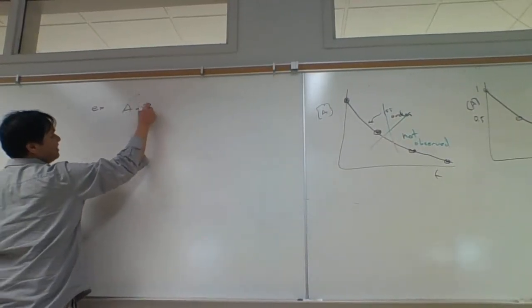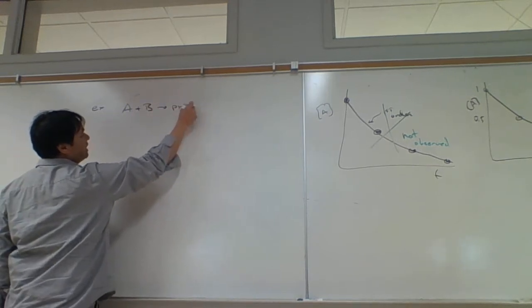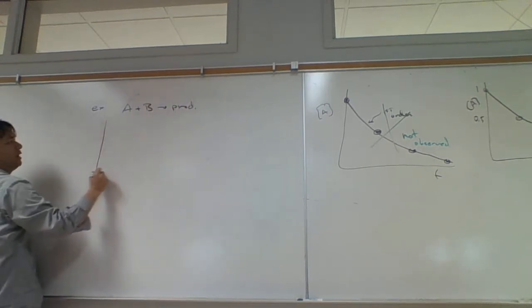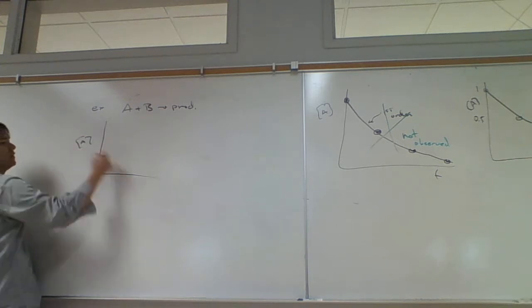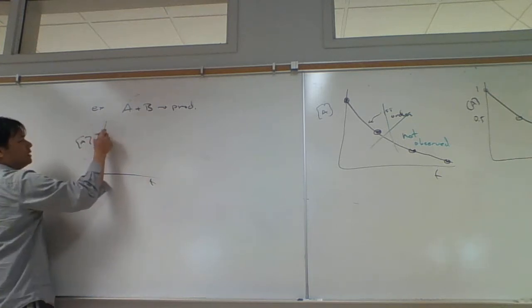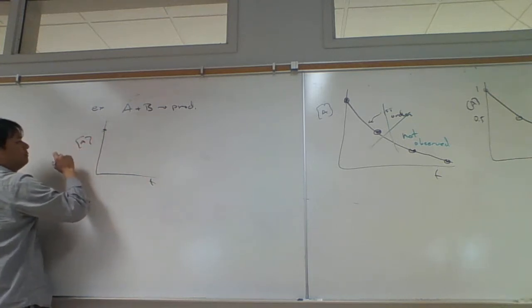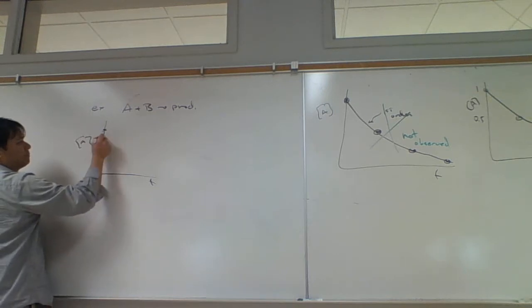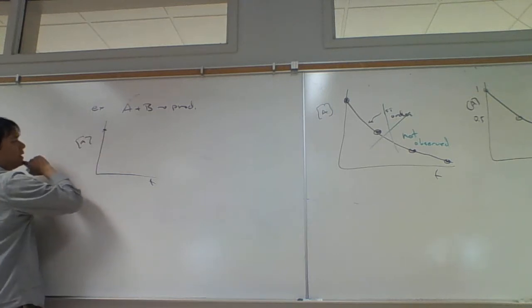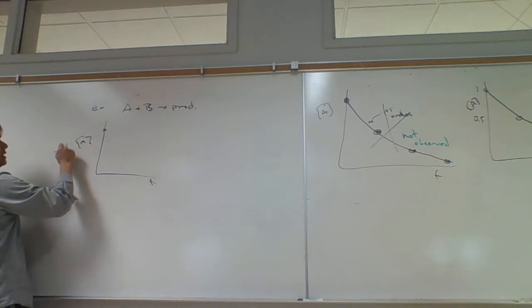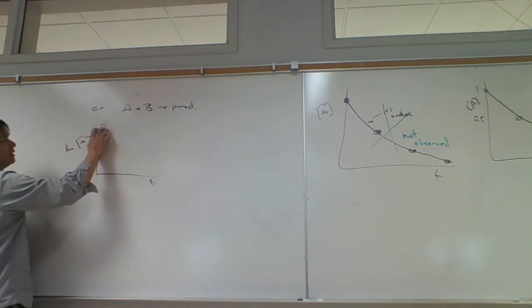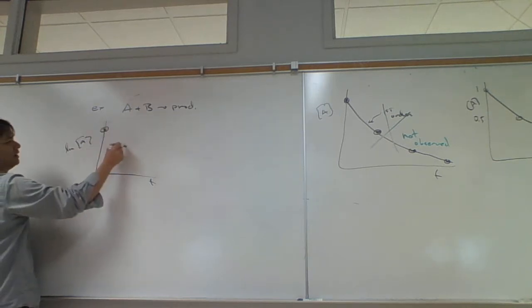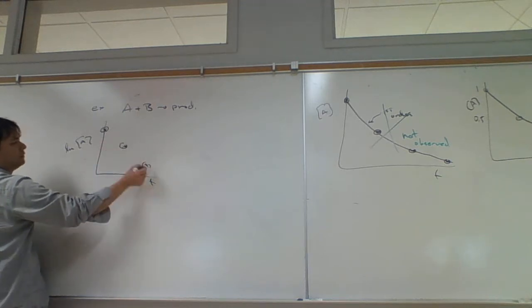This next example is A plus B goes to products. We have 2 reactants here. And let's say I plot just the concentration of A versus time. Let's plot the ln of concentration of A versus time.